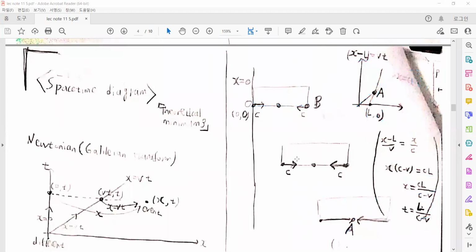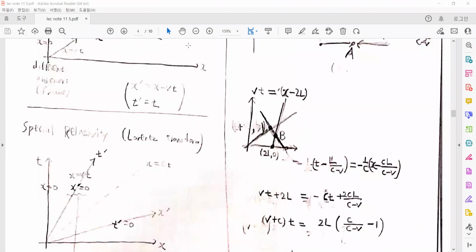The next step is finding the point B as the intersection of this line. A lies on this line, and the angle of this line is 135 degrees because of the 45 degrees of the light cone.